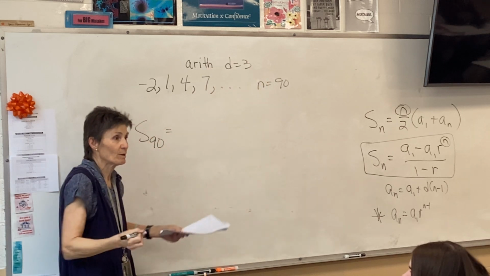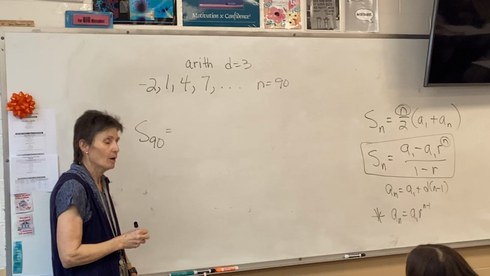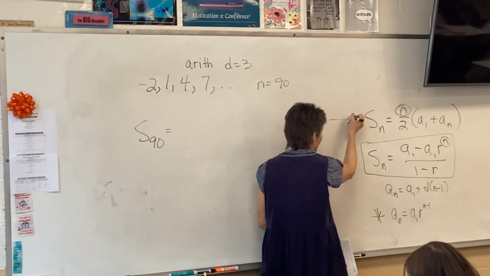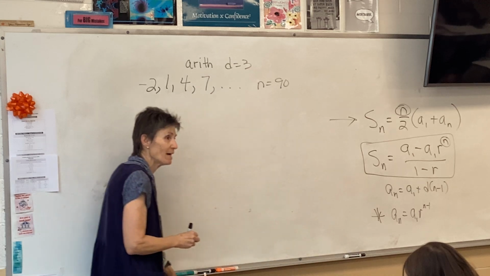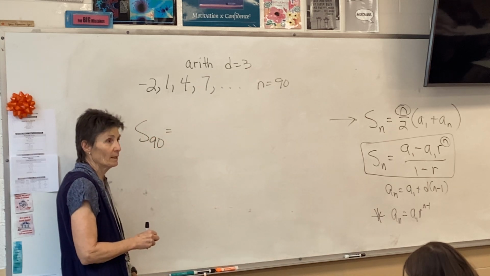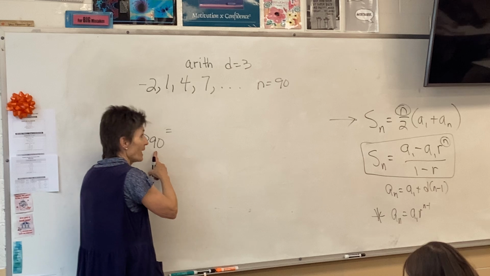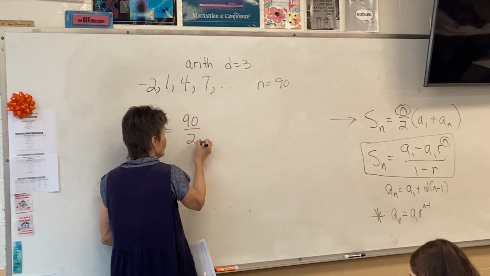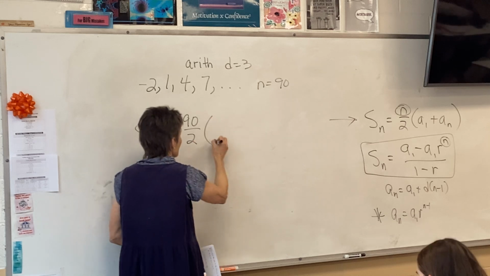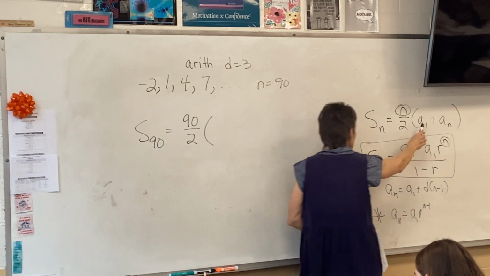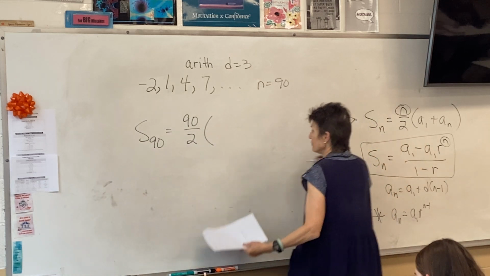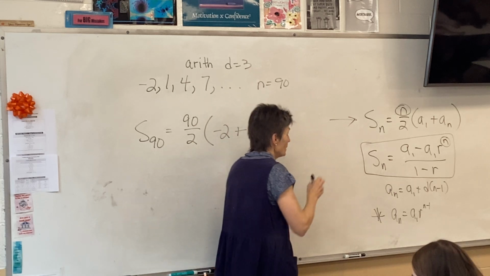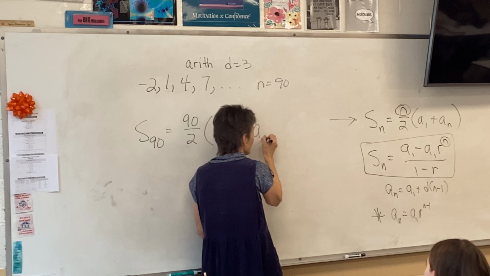Would everyone agree with that? Okay. That means this is my formula right here. That is my arithmetic add 'em up formula. So the sum of 90, according to the formula, will be 90 over 2 times, what's this? -2. -2 plus, oh no. What goes here?